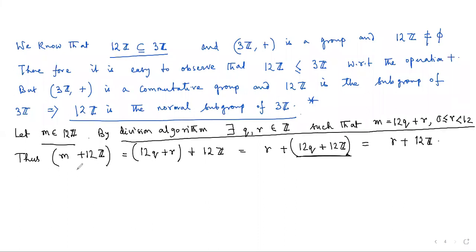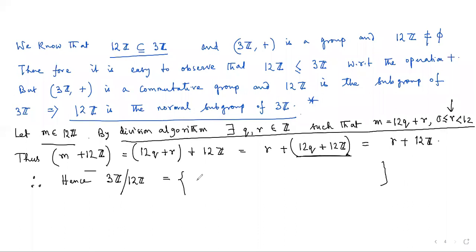And so the quotient group 3Z/12Z, where the group is 3Z and the normal subgroup is 12Z, is actually given by the following set. The range of R can take any value starting from 0, including 0, and less than 12.